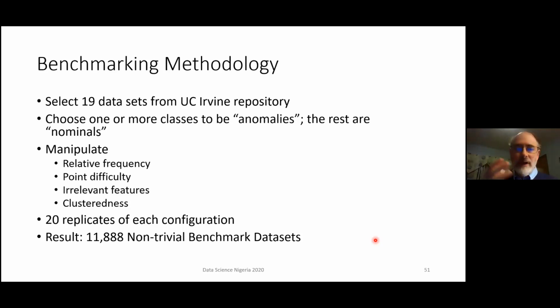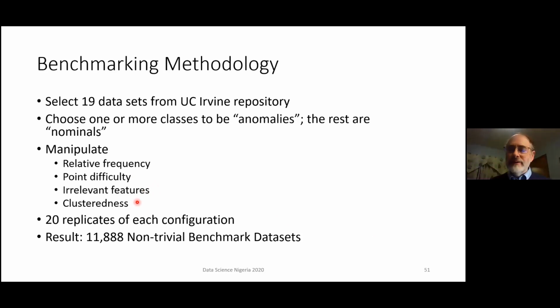Are the anomalies extremely rare, like only 1 in 1,000 of the points is an anomaly, or are they very common, say 10% of the data points are anomalies? We vary the point difficulty, which is a measure of how much the anomalies overlap the nominals. We added irrelevant dimensions to see if that would confuse the methods. And we tried to look at whether points were tightly clustered or not.